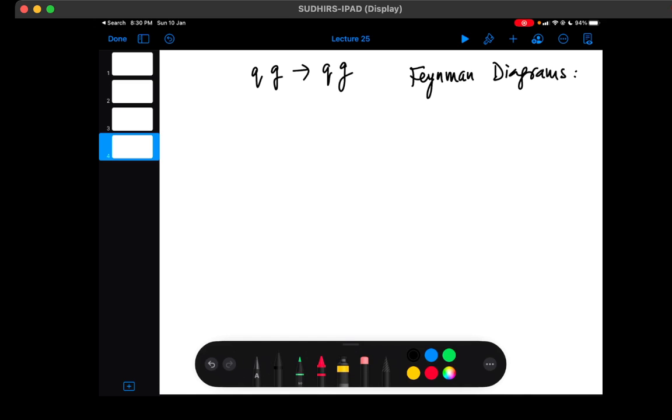Incoming quark, and then there's a gluon, the quark goes back, and the gluon comes out. Okay, we know how to draw the Feynman diagram, so now you can name P1, P2, P3, P4.